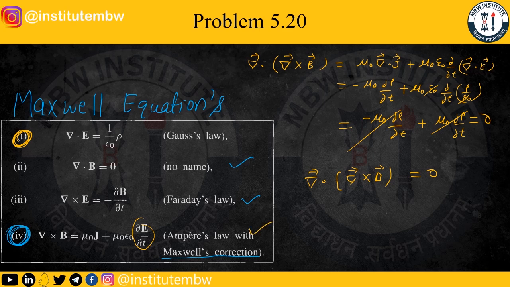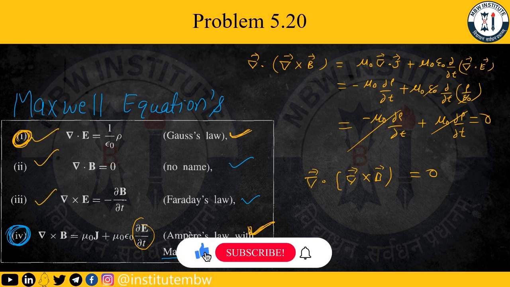However, we used Gauss's law to prove this, so that must be correct. So all four Maxwell equations are correct. That's how we can approach this problem. Thank you.